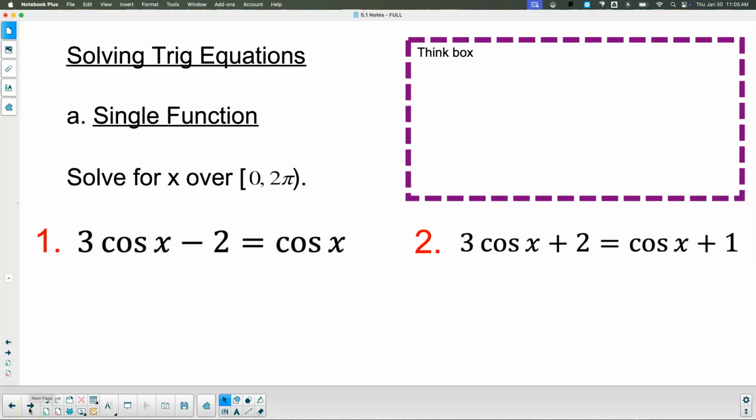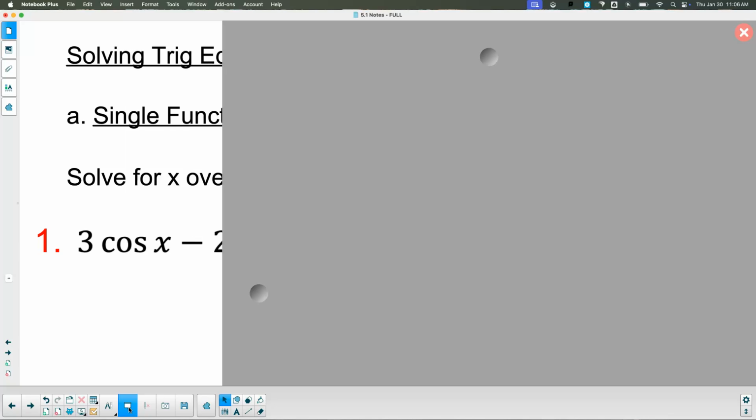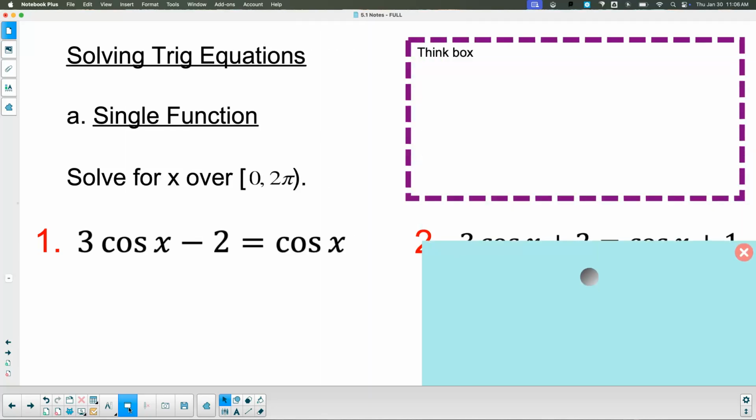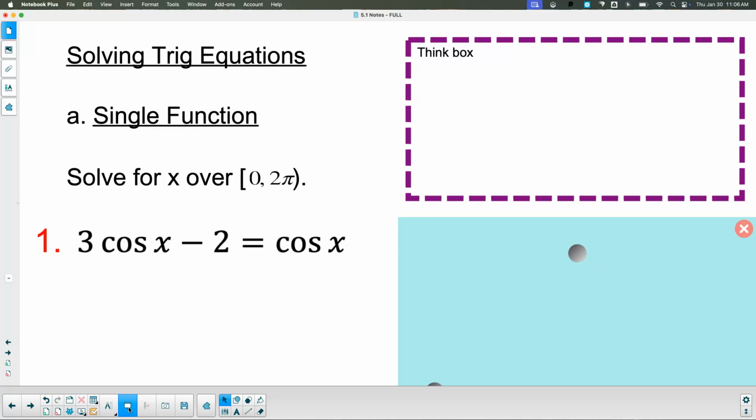All right. So, these are two examples here. Actually, let me throw a little shade over here, and over here, and down here. Okay?